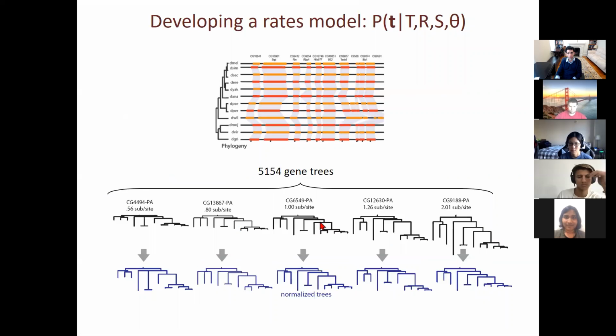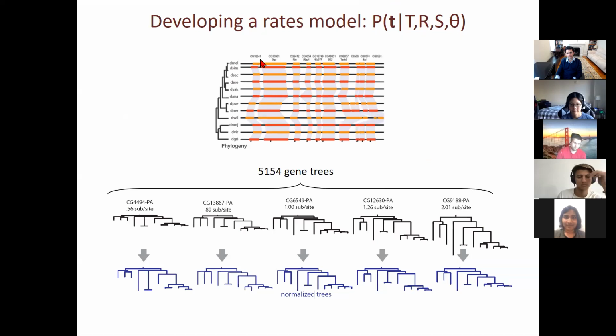So what we're going to do is develop an evolutionary rate model that will basically predict the probability of observing a particular set of divergence times and rates for each of the species, given the topology, the reconciliation, the species tree, and a set of parameters.